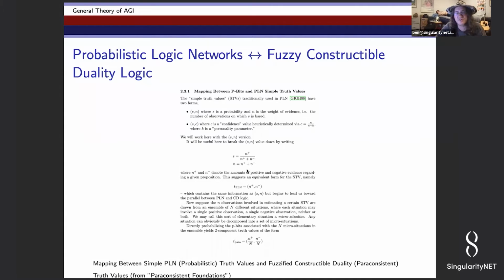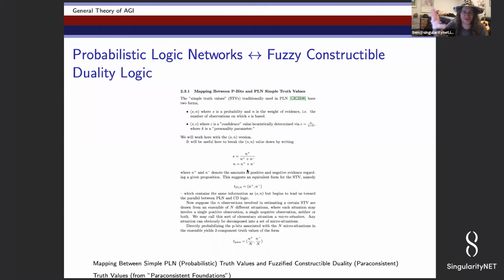So suppose you want to make Patterson's constructible duality logic uncertain, right? Then you're not just going to say either I have an example or a counterexample. You're going to say, how many examples do I have? How many counterexamples do I have? Like, how many pieces of evidence do I have in favor of this? How many pieces of evidence do I have opposing this, right?